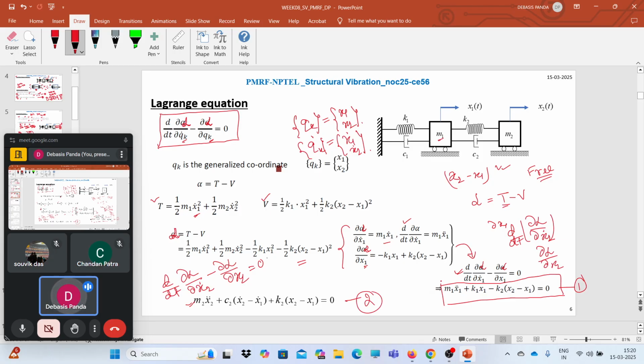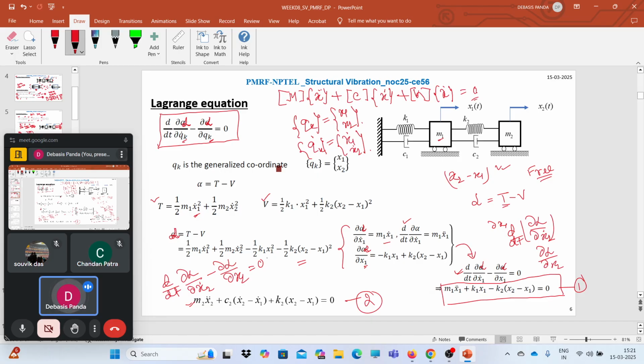Now if you arrange them in matrix form, you will get the same equation: the mass matrix times the generalized accelerations vector, plus the damping matrix times the generalized velocity at each degree of freedom, plus the stiffness matrix times the generalized coordinates, is equal to 0.